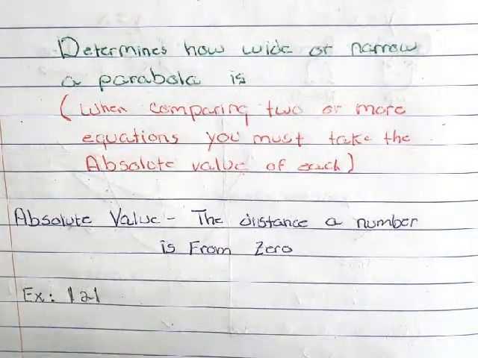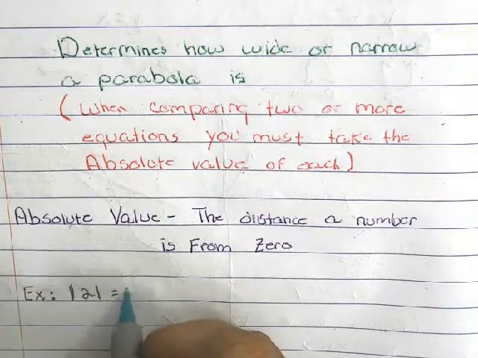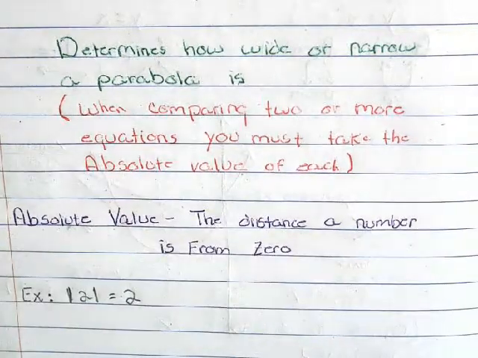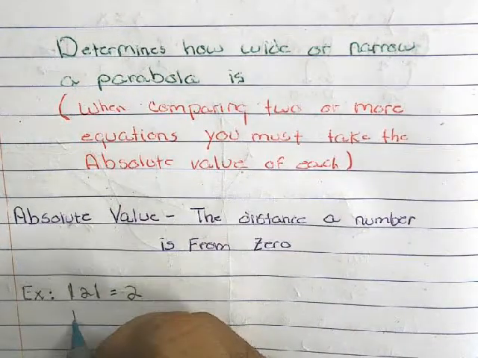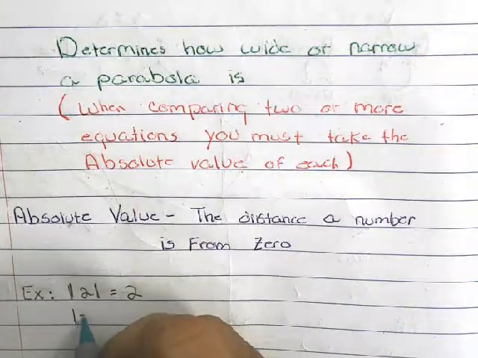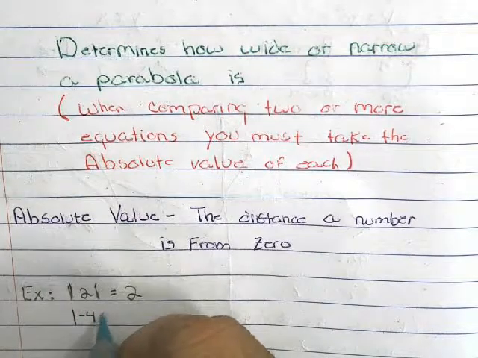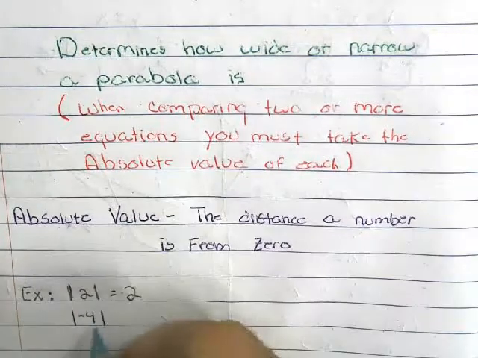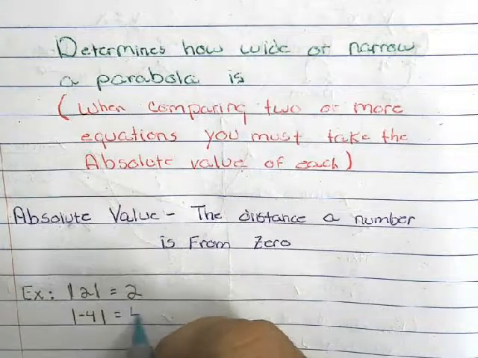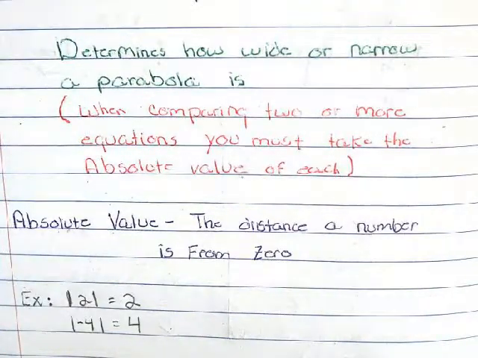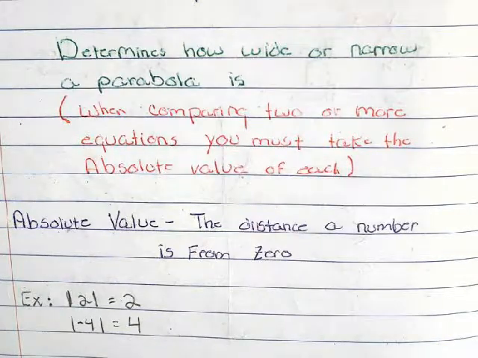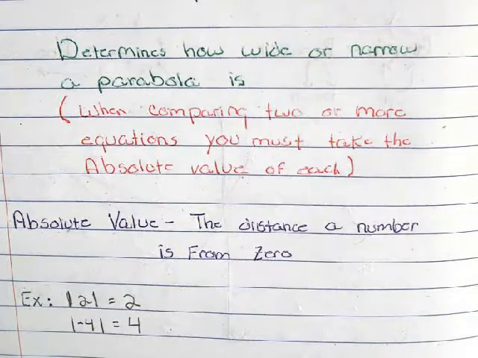So the absolute value of 2 is just 2. Now, the absolute value of -4, how far is -4 from 0? It is 4. It's 4 units from 0. And when we start taking the absolute value, you need to know those things.